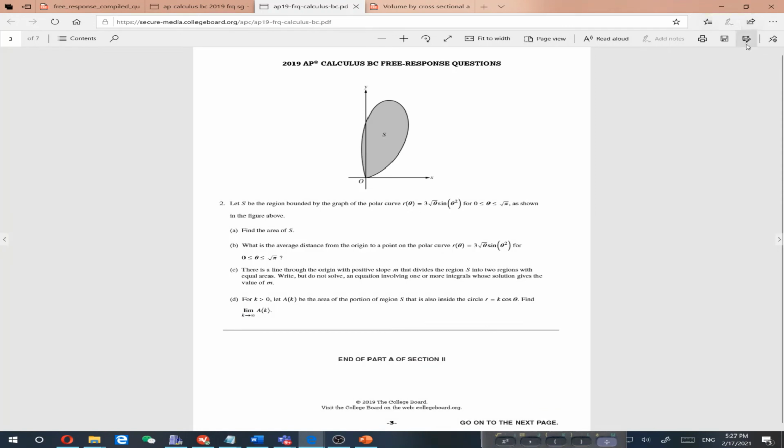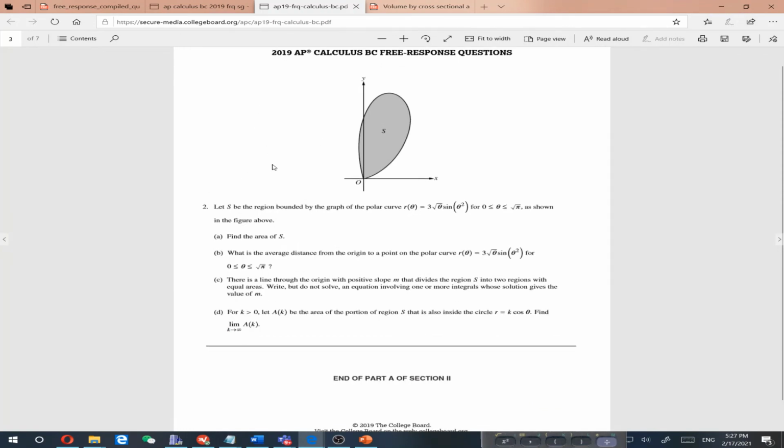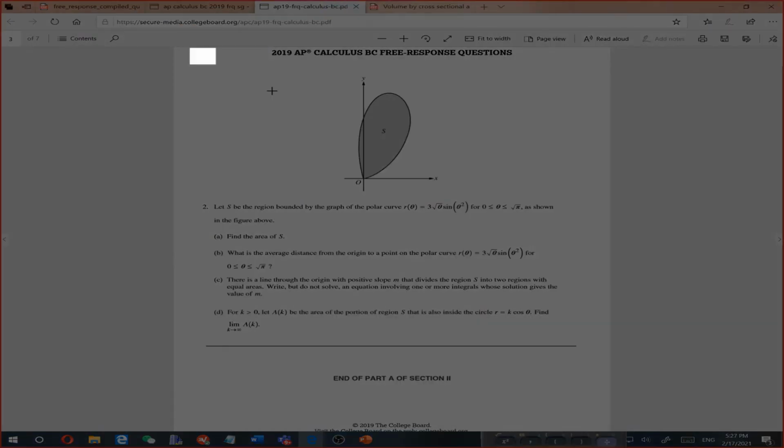Okay, I can't write on this though, so let me copy this over to a Word document that will let us write, and we'll do that from there.